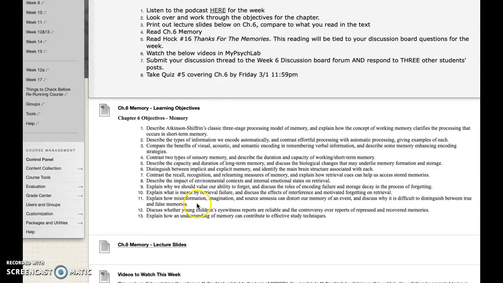We'll talk a little bit about misinformation, imagination, and source amnesia, which is interesting. This will also tie into our discussion board post, as will eyewitness testimony. There are some controversial topics in there, but memory is one of those things that is very individual.